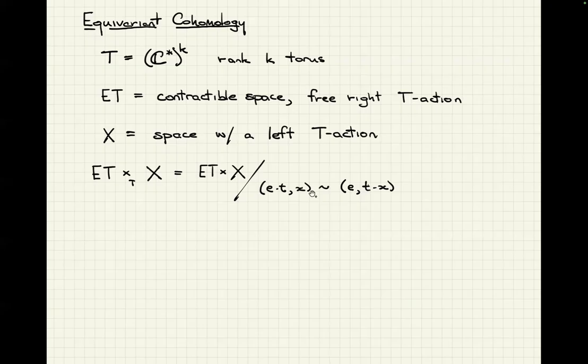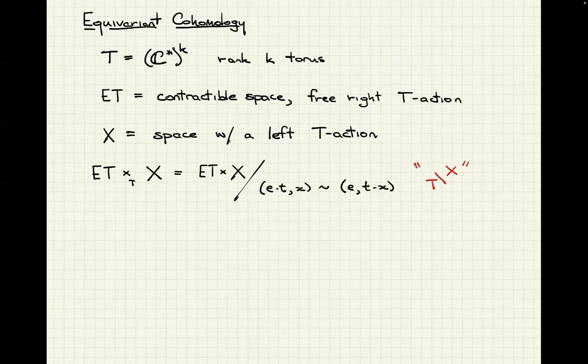And if you've never seen this before, what you should think of is X mod T. If I have a group acting on a set, it's very natural to consider the associated collection of orbits. And if I have a group acting on a space, I can form the associated quotient topology on the set of orbits. But if this group action isn't free, this quotient topology can be very badly behaved.